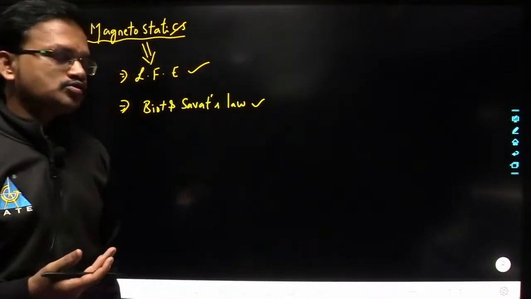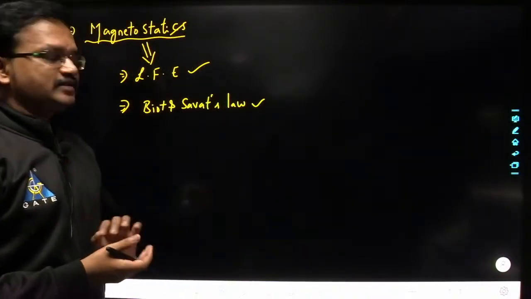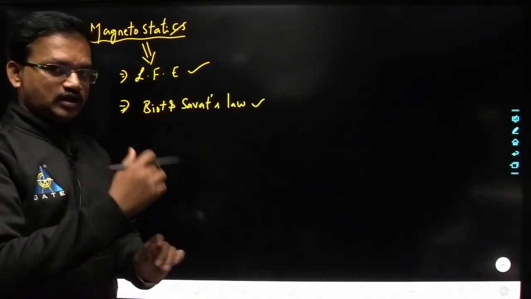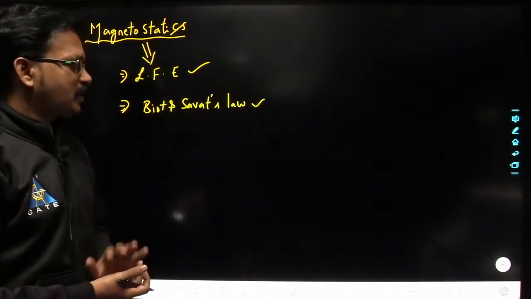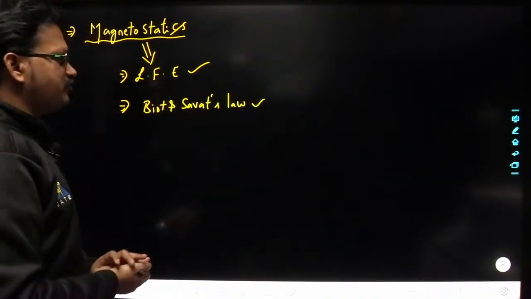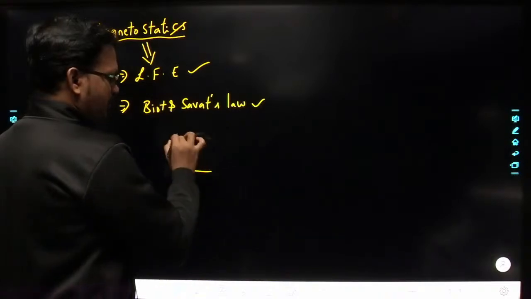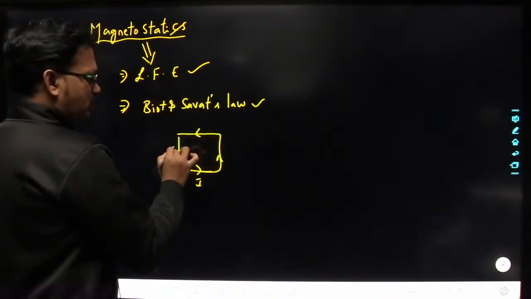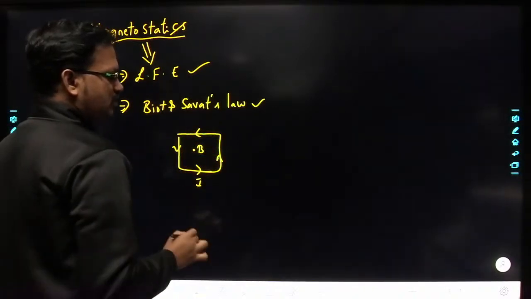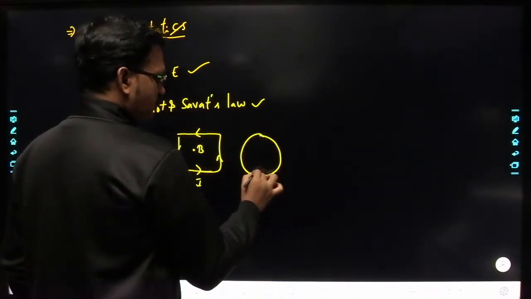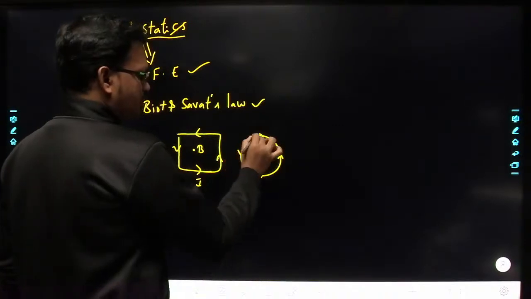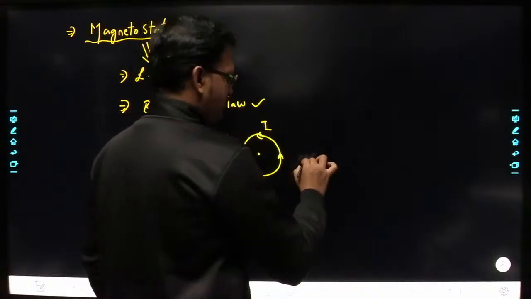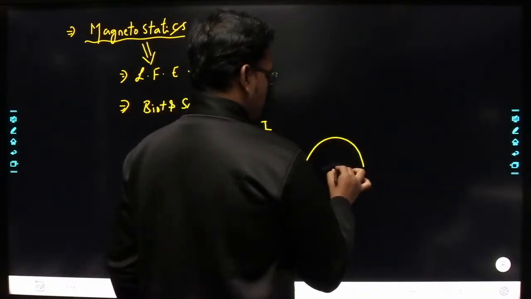We have also seen how to determine the B field at the center of a circular loop, at the center of a square loop, and for a semicircular loop.